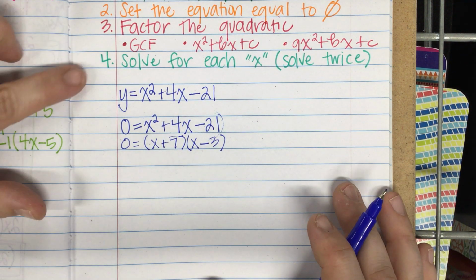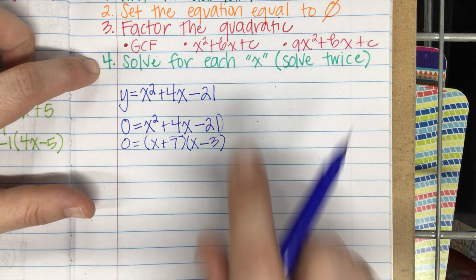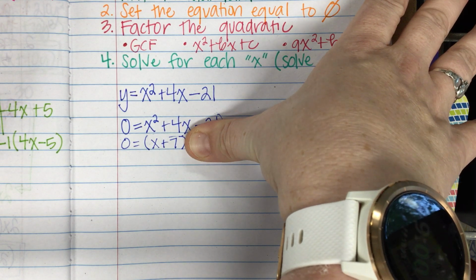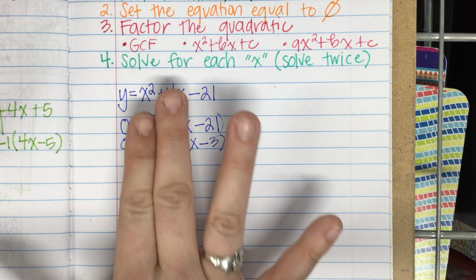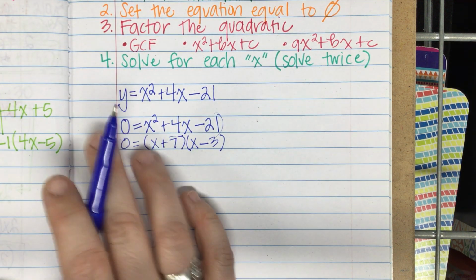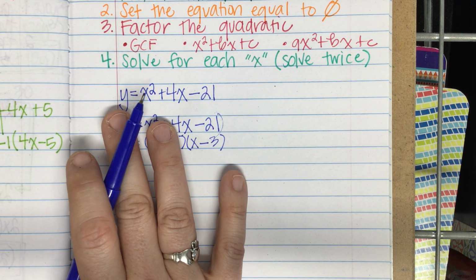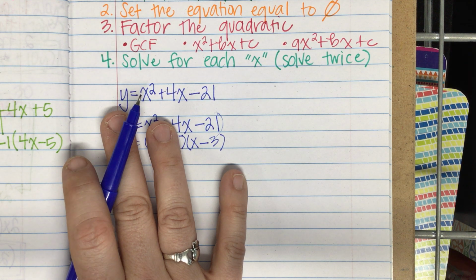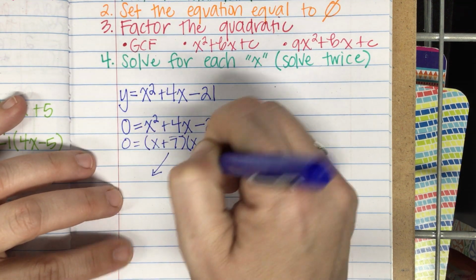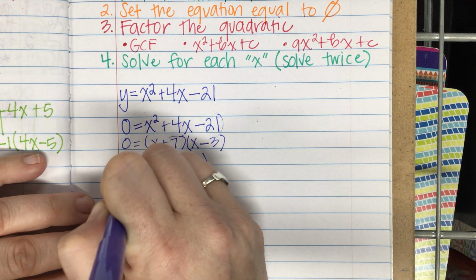And then step number 4 is solve each x. We're going to solve it twice. I'm going to take this first factor and solve for x. And I'm going to take this second factor and solve for x. I'm going to show this part with work, just because these are our notes, right? I'm not expecting this amount of work.